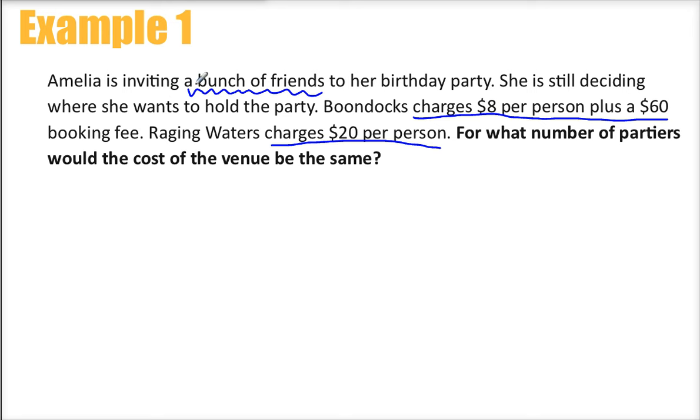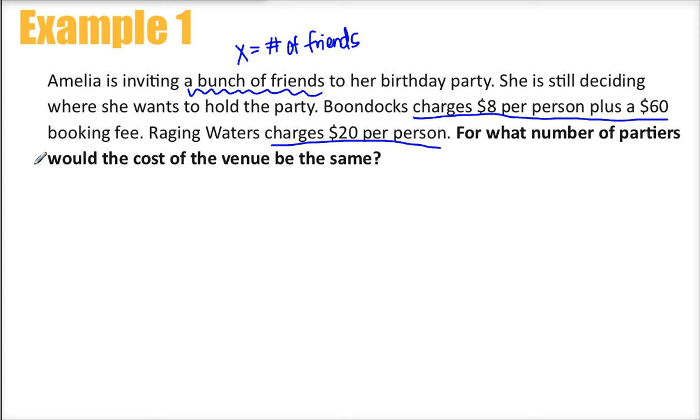And in math, I don't really know what a bunch means. So this is where a variable is going to come in. I'm going to say x is equal to the number of friends coming. Okay, so notice I found out what information was left out, how many people are coming, and I assigned a variable for it. So I'm calling that x.